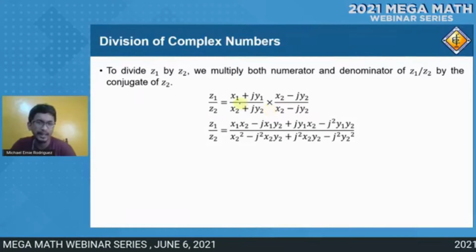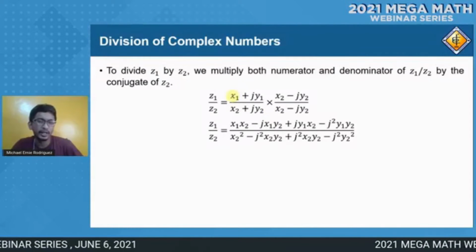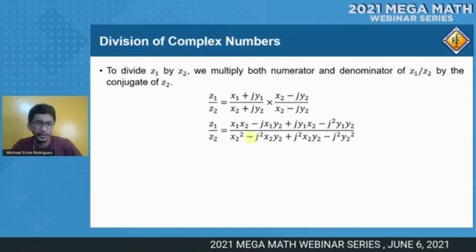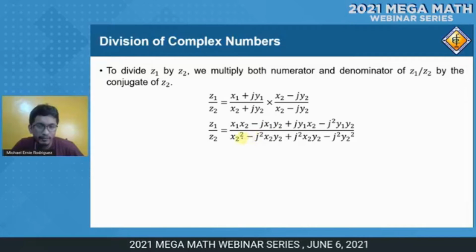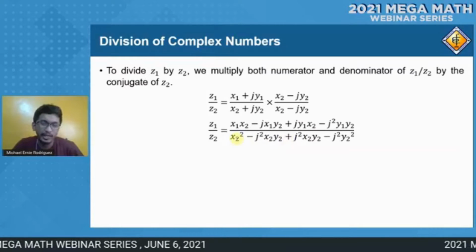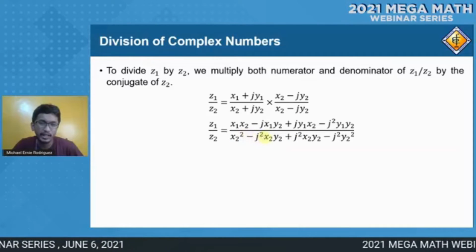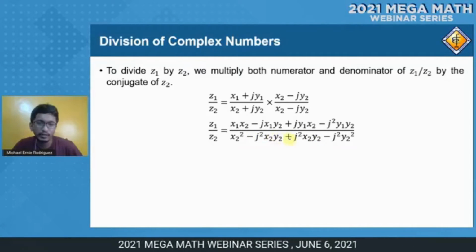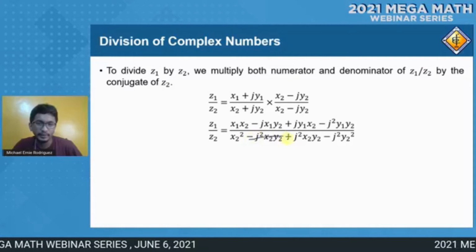And then we apply the FOIL method on the numerator and on the denominator. If you notice, in the denominator we have X2 squared plus J squared X2Y2 minus J squared X2Y2. So we have negative J squared X2Y2 and positive J squared X2Y2, so we can cancel these.